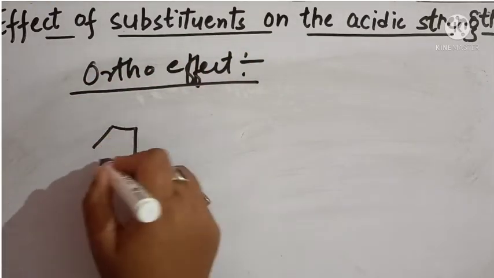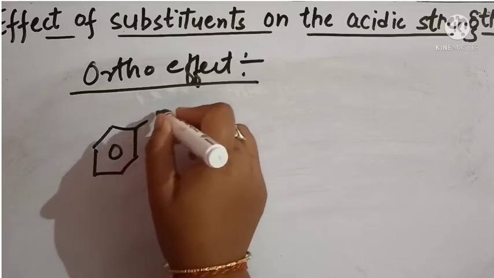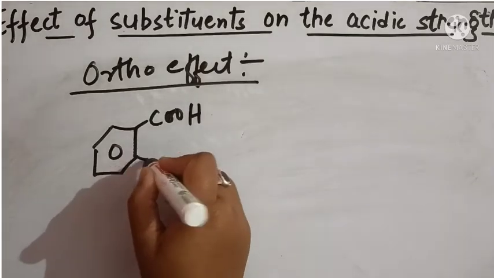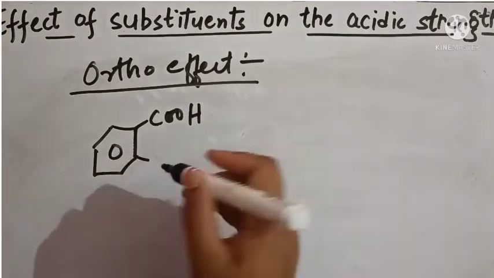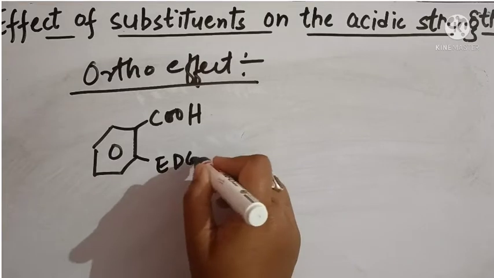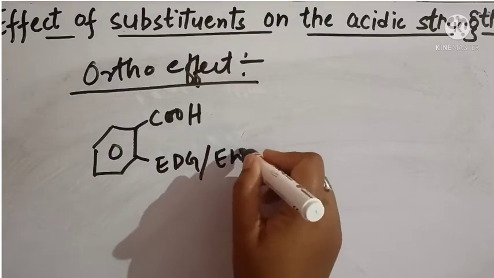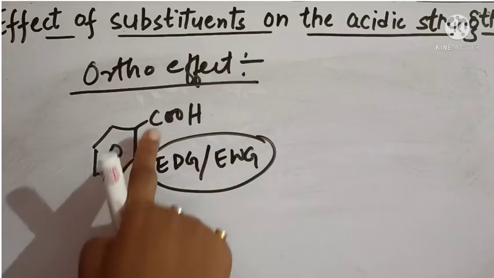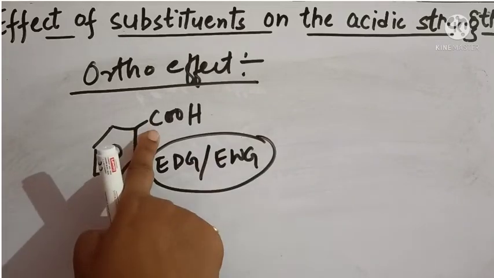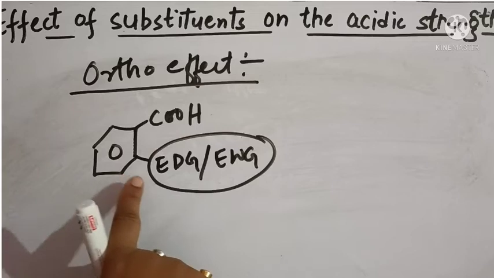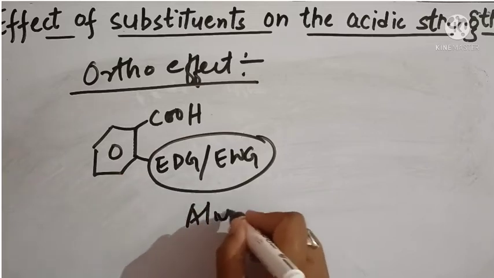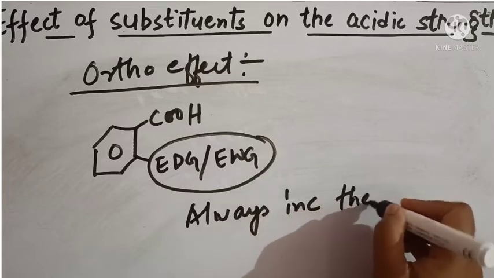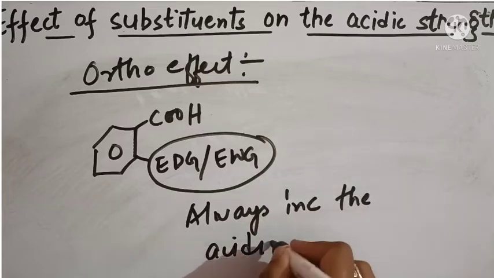See, if I draw the benzoic acid, in the ortho position, whatever group it may be, electron donating group or electron withdrawing group, whatever group is attached in the ortho position to the carboxyl group, that will always increase the acidic strength. Just keep that in mind.